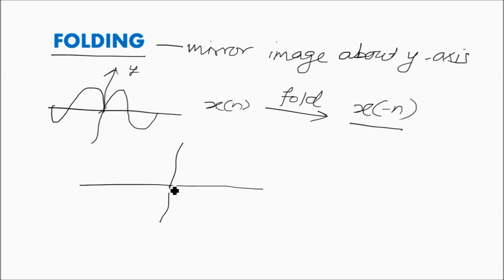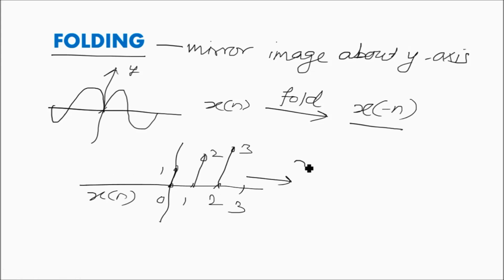Suppose x of n has values 1, 2, 3 at n equal to 1, 2, 3.